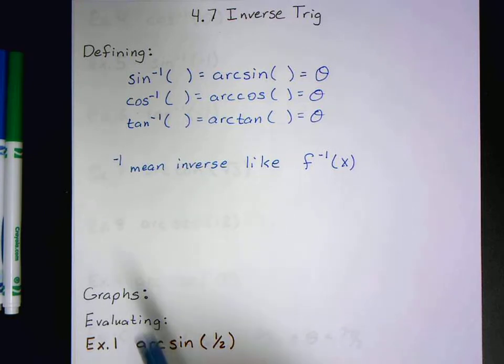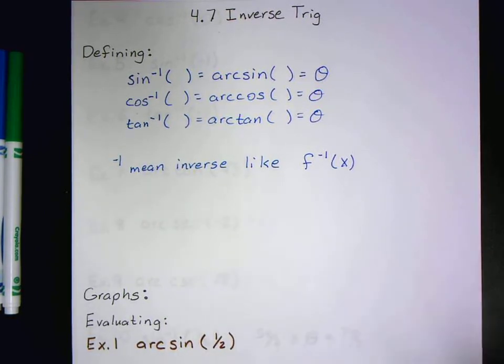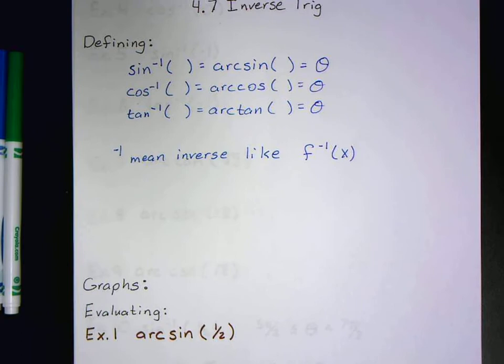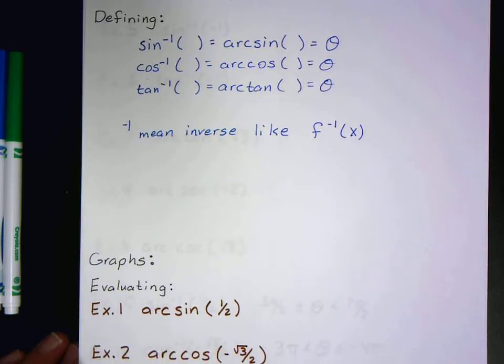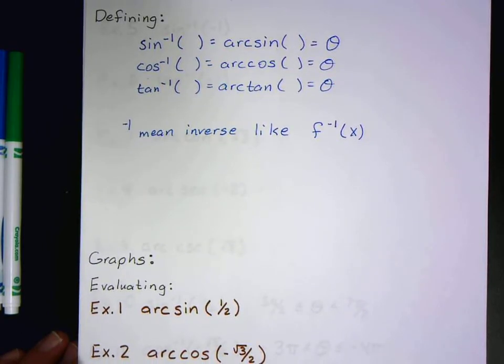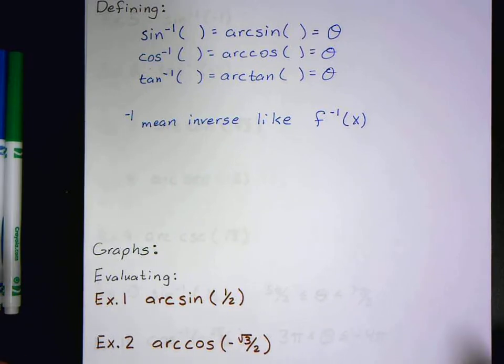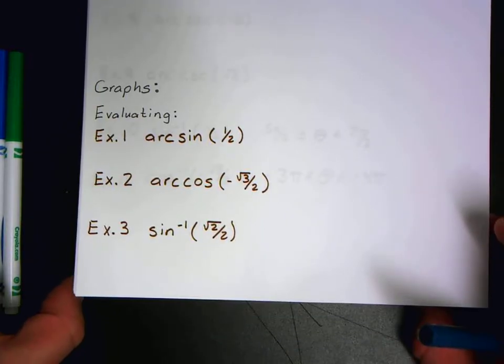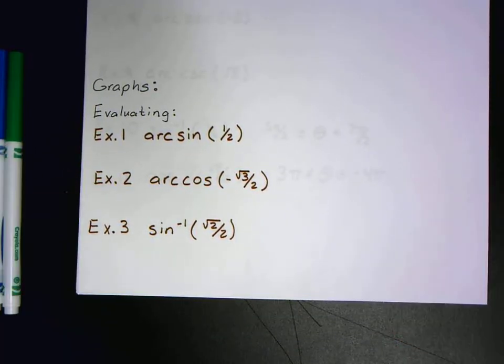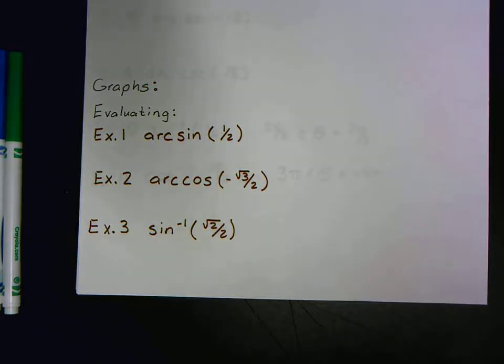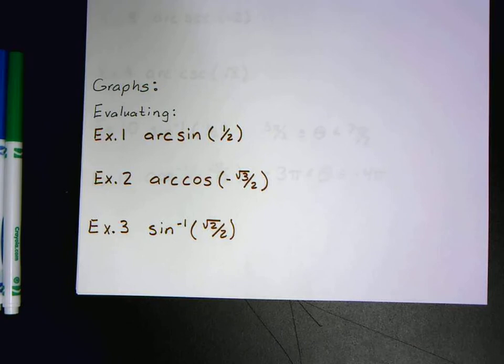All right, so we already talked about the graphs. Let's go through some examples. Most of these examples should be fairly quick and straightforward. The biggest thing with these is you just have to remember where your functions are defined.